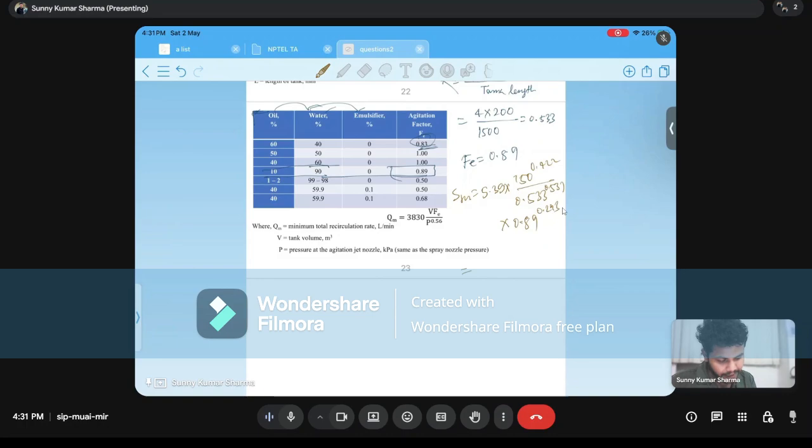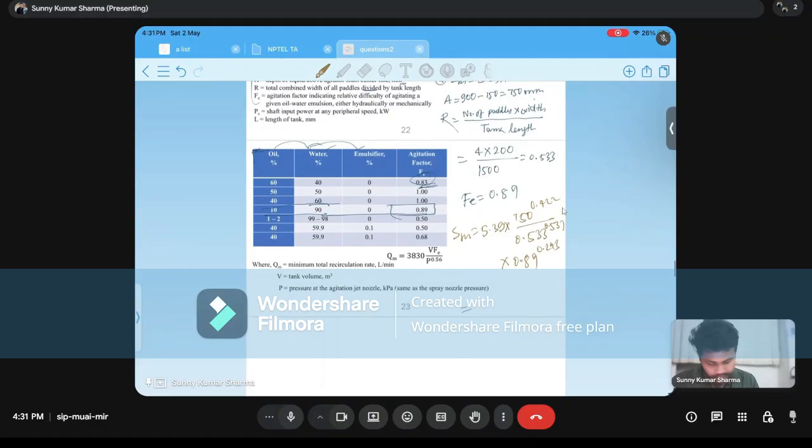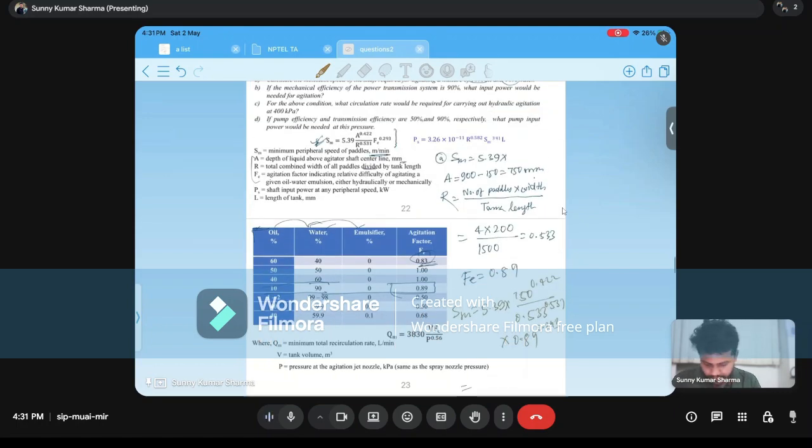So this value will come as 5.39 into 750 to the power 0.422, divided by 0.533 to the power 0.531, into 0.89 to the power 0.293.